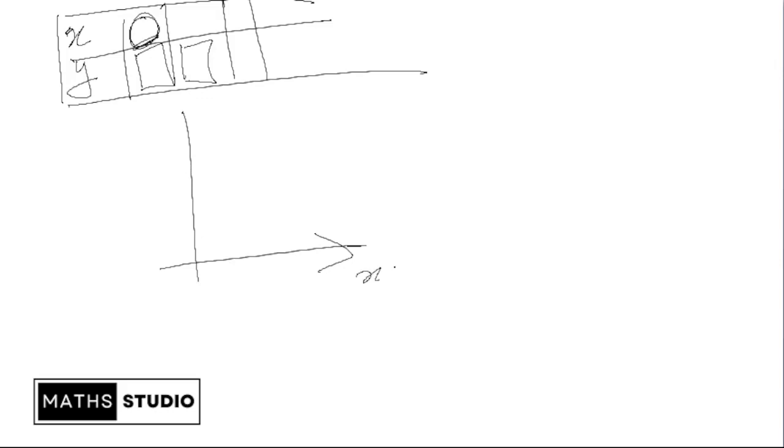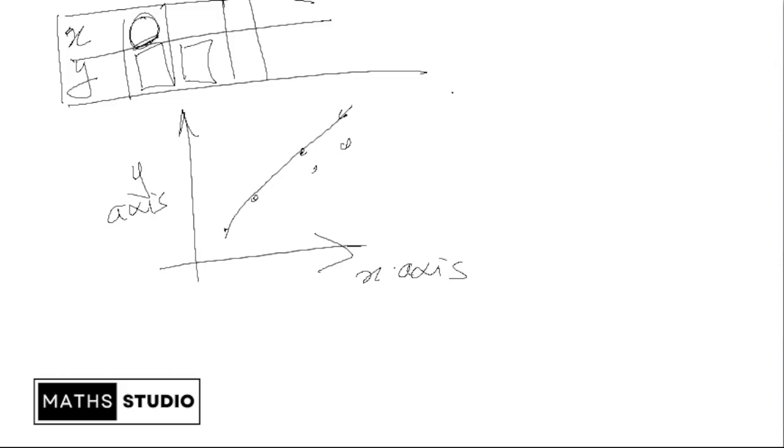This used to be the x-axis, and this used to be the y-axis, and we used to plot certain points, and we could join them this way. The same thing we are going to do in this portion, as we studied in exercise 4.2, that for every value of x there is a value of y, which is a solution to a particular equation.